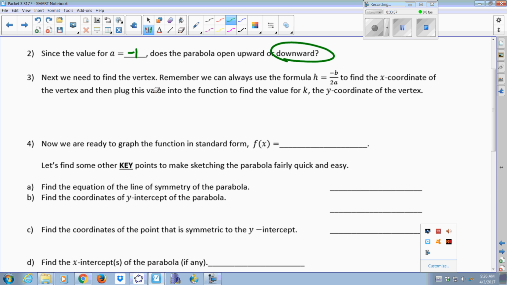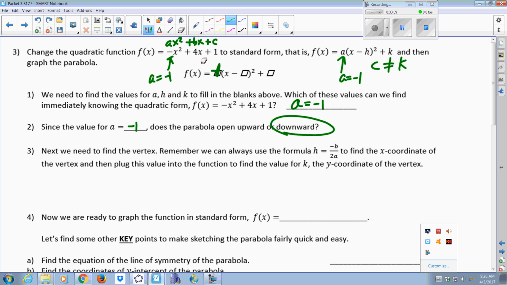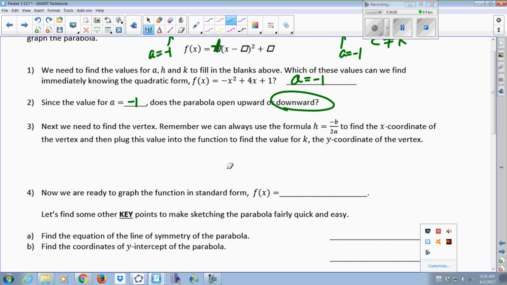Okay. Next, we need to find the vertex. So we can't pluck it out because it's not in the vertex form. So let's use this beautiful new formula we just talked about. To find the x value of my vertex, which is called h, I take the opposite of b and I divide by 2a. So up here, I want to identify a, b, and c. A is -1, b is 4, and c is 1.